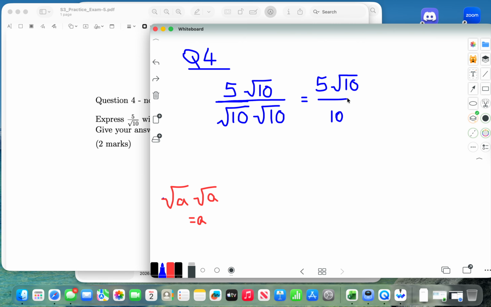Now 5 root 10 means 5 multiplied by root 10, and the highest common factor of 5 and 10 is 5. So let's cancel 5 from the numerator and the denominator, and we get root 10 over 2.